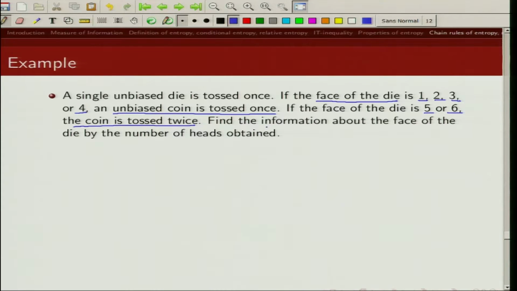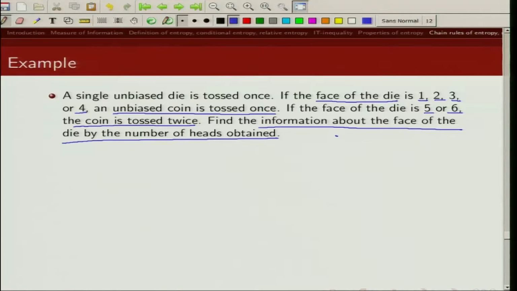Now I want to find out what is the information about the face of the dice that is conveyed by the number of heads obtained. So again, what I am doing is I am first rolling a dice, and depending on what the number is, I am tossing a coin.